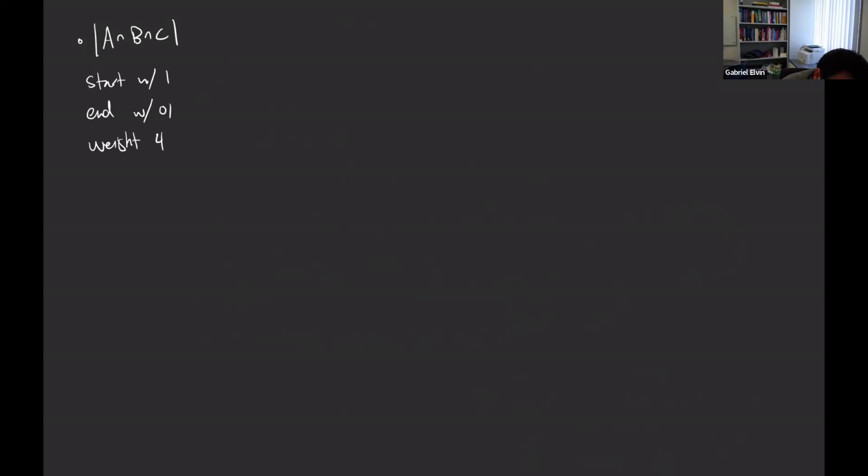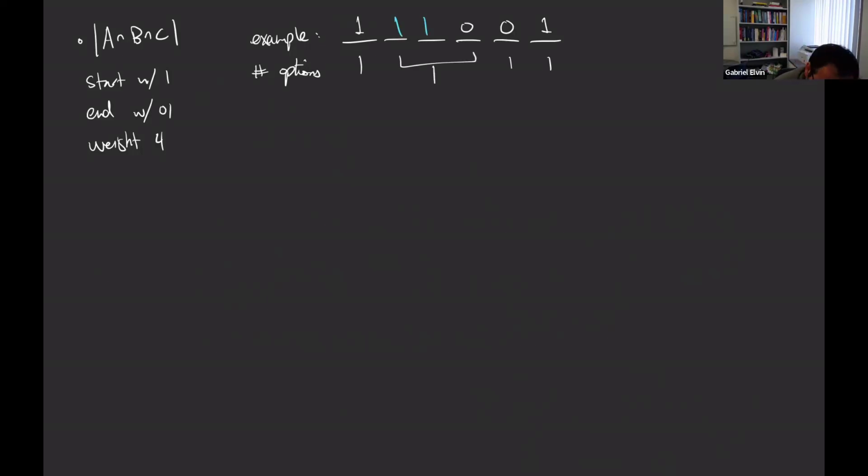So start with a 1, end with a 0, 1. So for number of options, right, I'm stuck here with these three positions. And then since it has to have weight 4, I need to have 2 more 1s somewhere. So maybe I'll pick them there. But the point is that out of these 3 remaining slots, 2 of them need to be 1s.